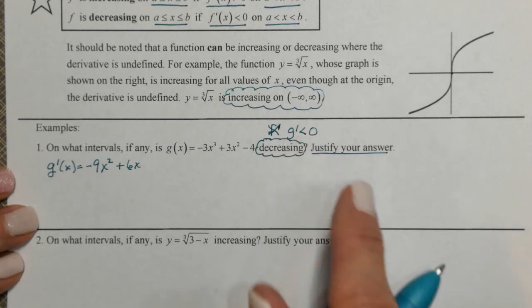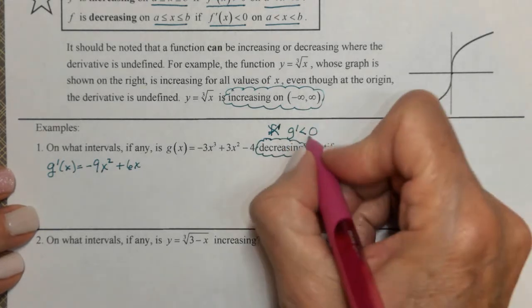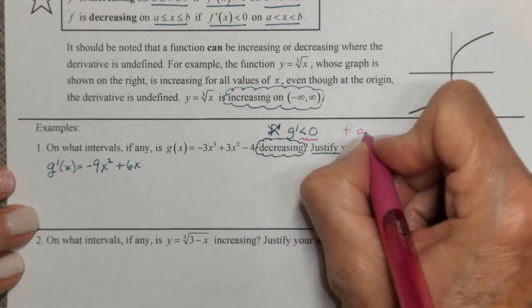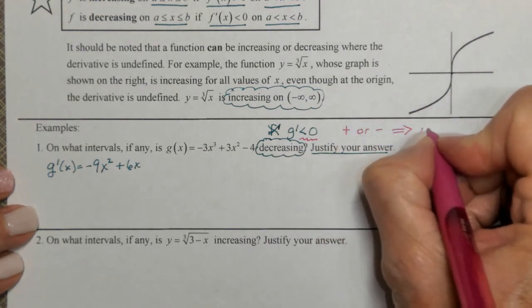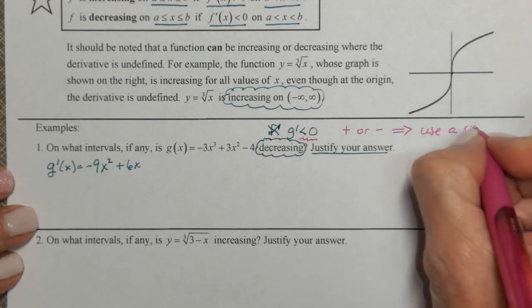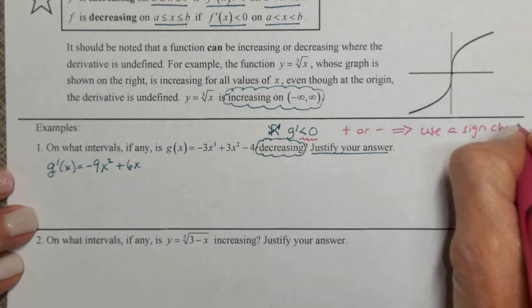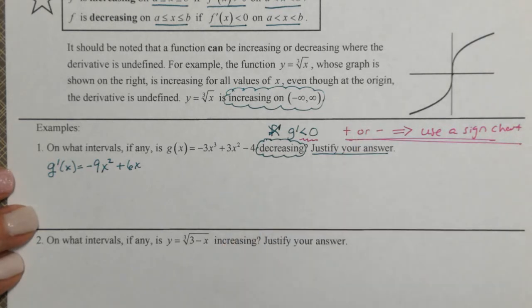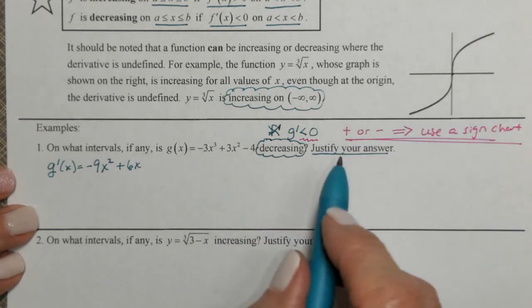Anytime you're trying to find where something is positive or negative, use a sign chart. Anytime in this whole course, we're going to do that.